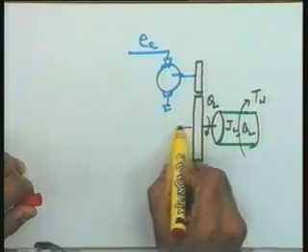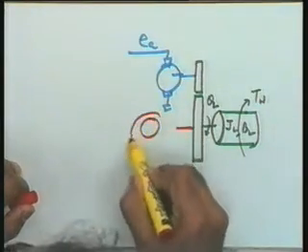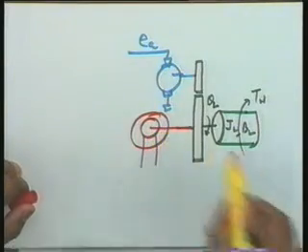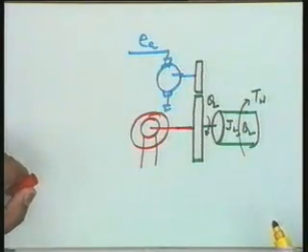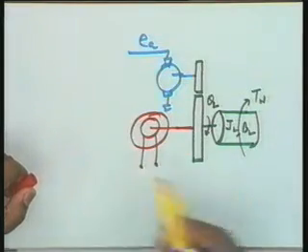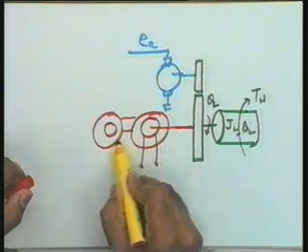So for that, you please see, the load will be connected to the rotor of the synchro transmitter. This is your reference voltage. This is the rotor of the synchro transmitter, and here is a synchro control transformer.